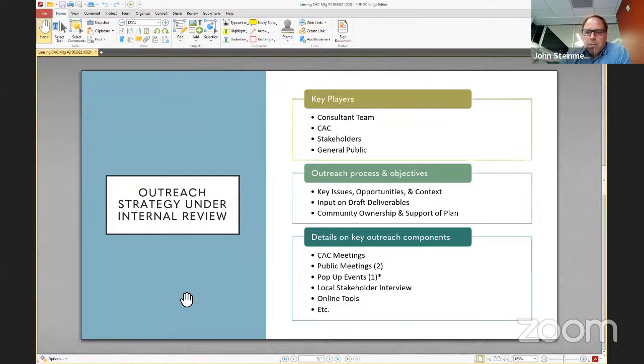For pop-up events, we had a lot of good conversation about that last time, and I want to spend a little bit of time on that tonight as well. Katie and I envisioned scoping out going to one pop-up event. I think that's a really good use of our time. Potentially, Katie, I keep saying it's so pretty, we could go down there again for one of the music things.